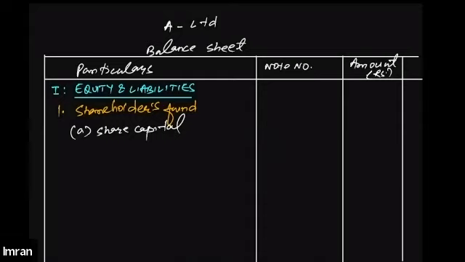For this purpose, we'll have to make a notes to account. Let me write that as note number 1. And for the reserve and surplus as well, we will be making another working note. Notes to account, reserve and surplus.